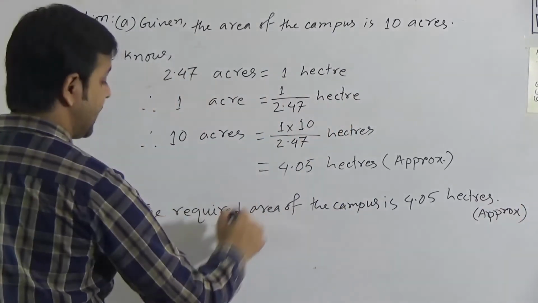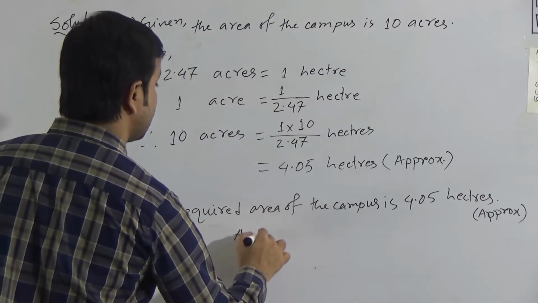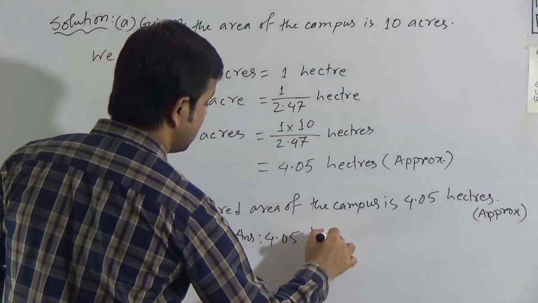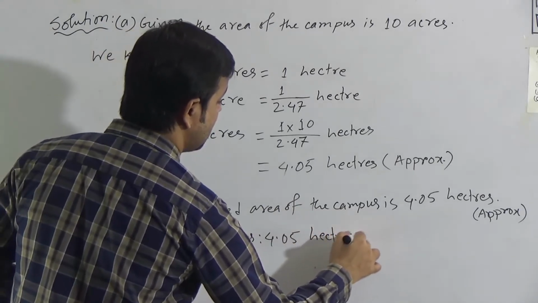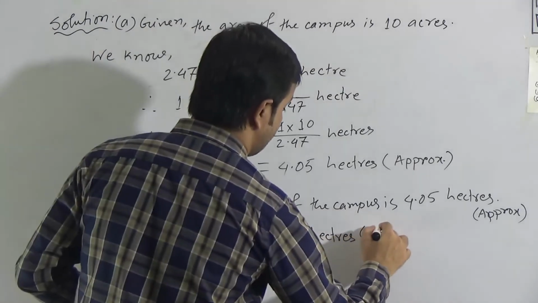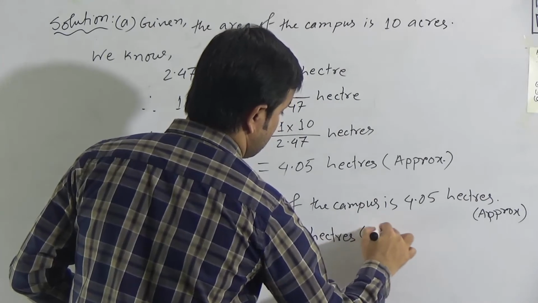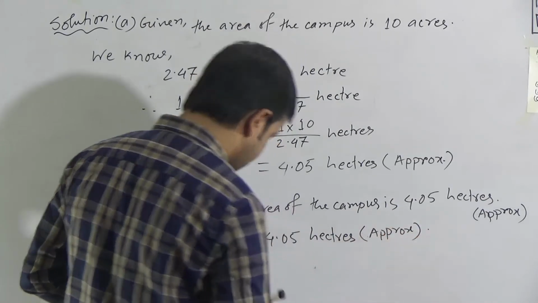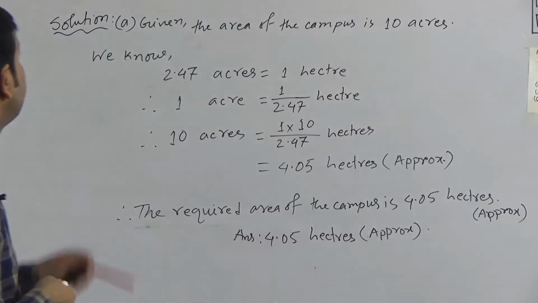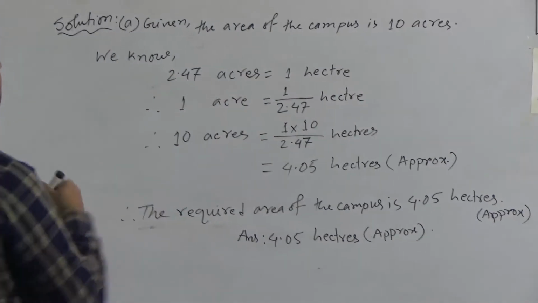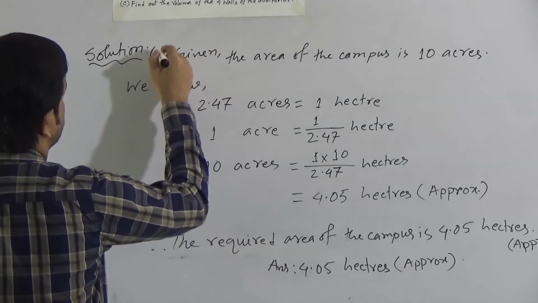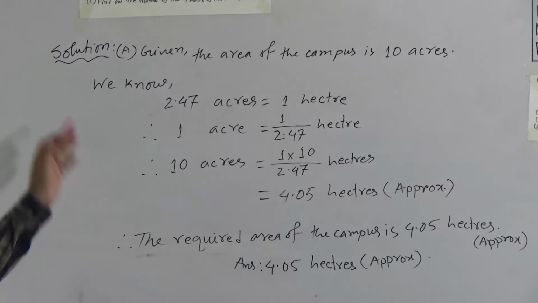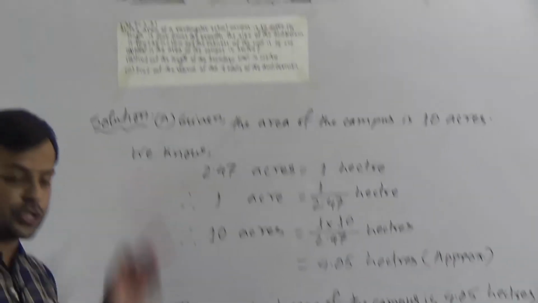Okay dear students, so the answer of this question is 4.05 hectares. You can write here approx. Okay dear students, I have done question A. This is question A, not small a, this is capital A given in your book. And now I have to solve question B.